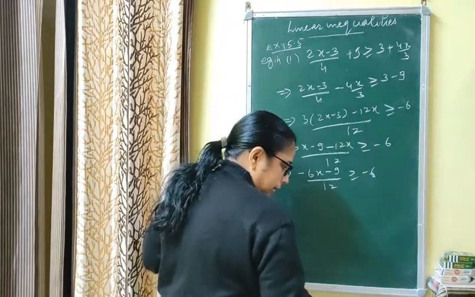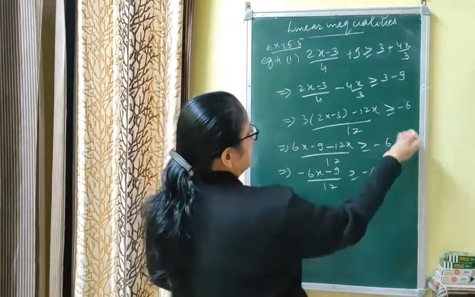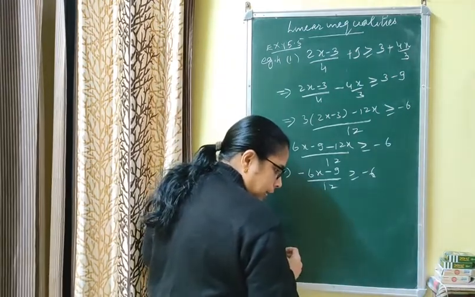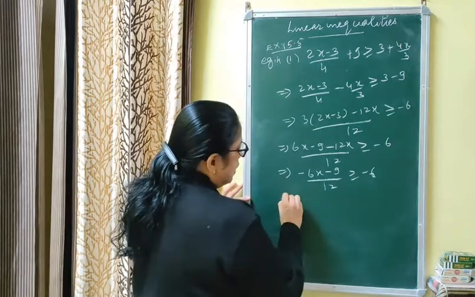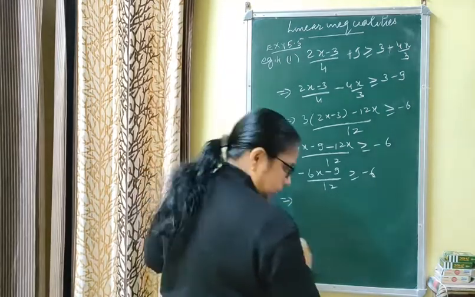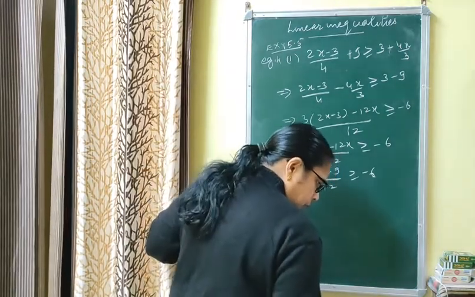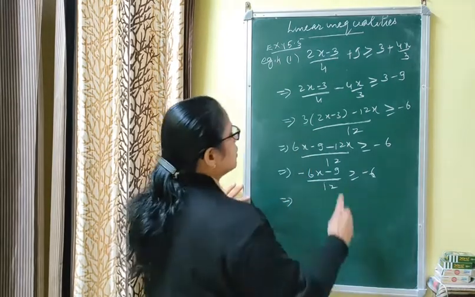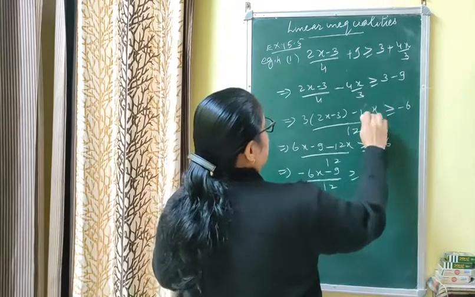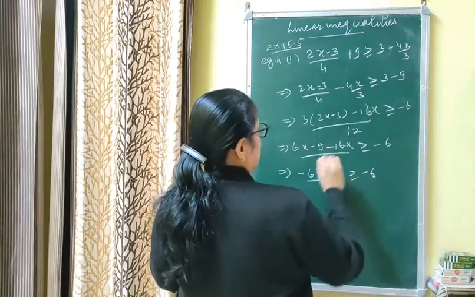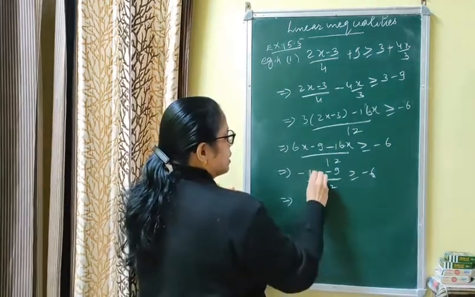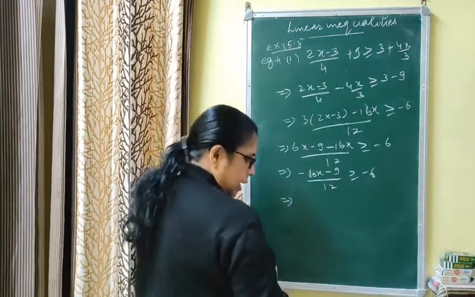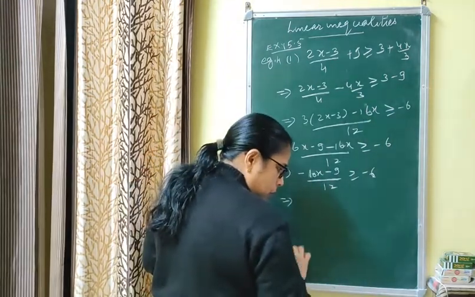Otherwise, we can directly multiply with the numerator of the right side. That is minus 10x minus 9 is greater than or equal to minus 6.